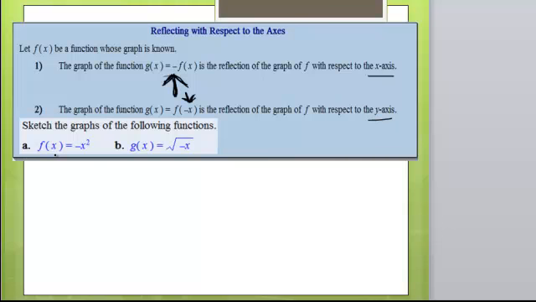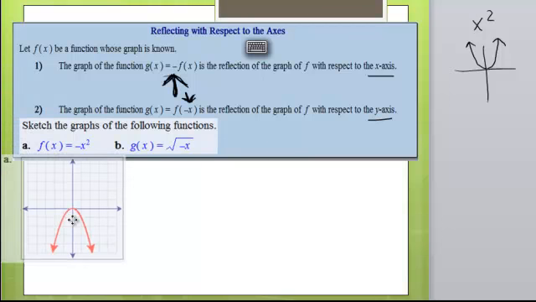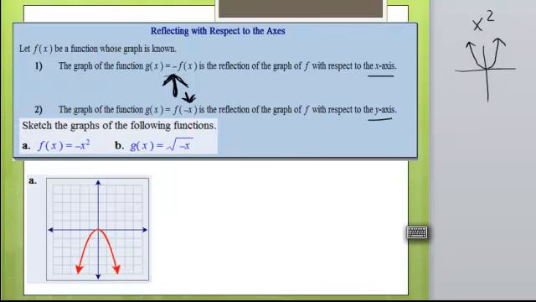So what exactly would this first one look like? Remember, your x squared function is a parabola that looks something like this. Well, if you were to stick a negative in front of that x squared, all it does is reflect it over the x-axis. So it ends up looking like this one.